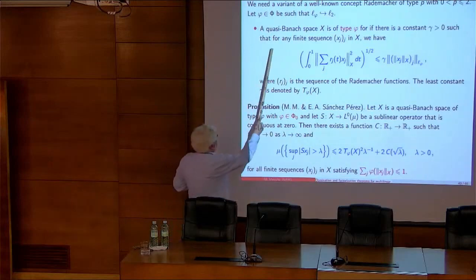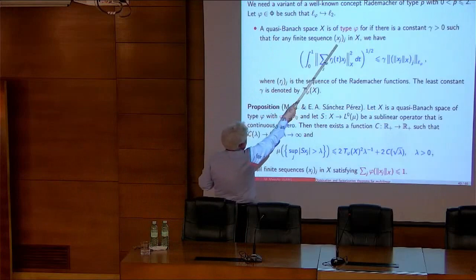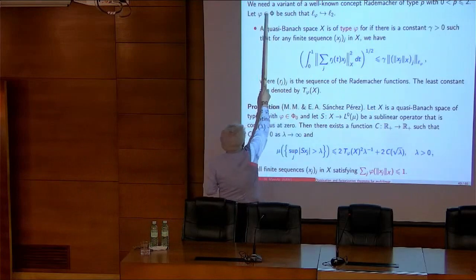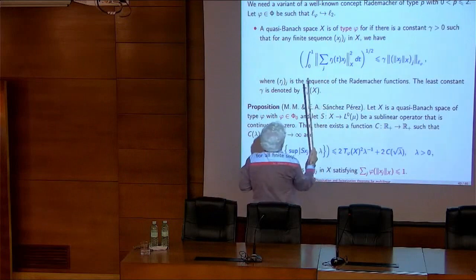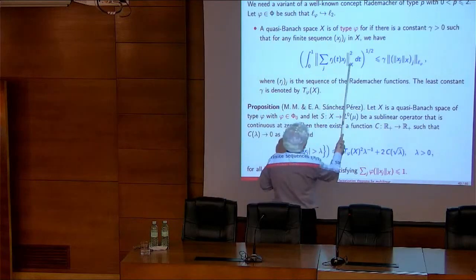So the quasi-Banach space X is of cotype phi whenever this function is in our class, you remember, for which we have the following estimation. Here this is the sequence of Rademacher functions.